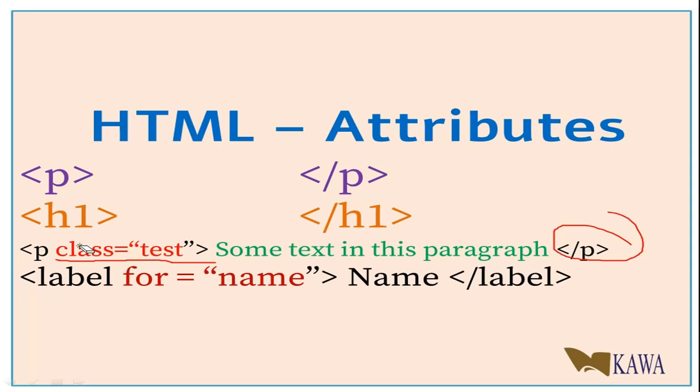It has another item called the equal sign, and another item called the value. So it has three items: name, equal sign, and value. All attributes have those three items.